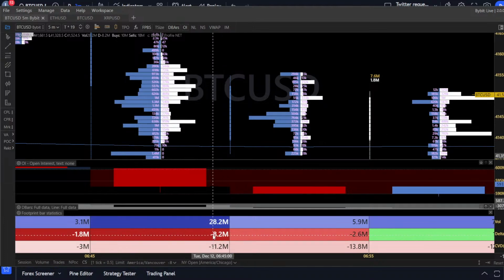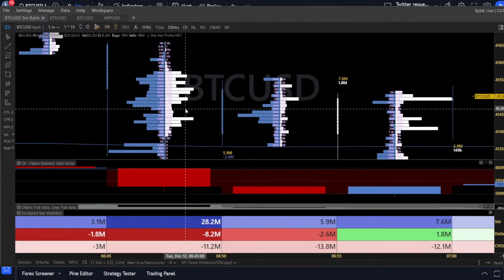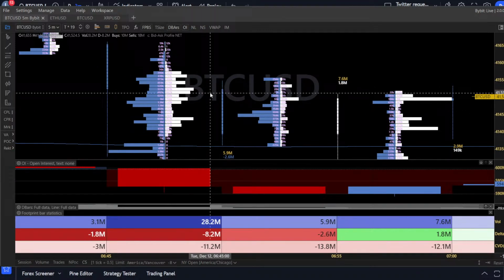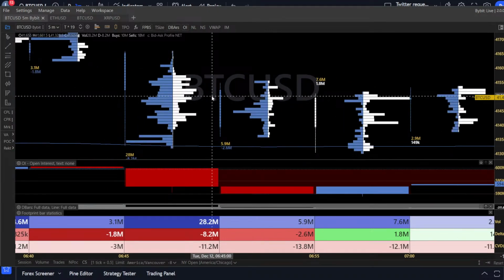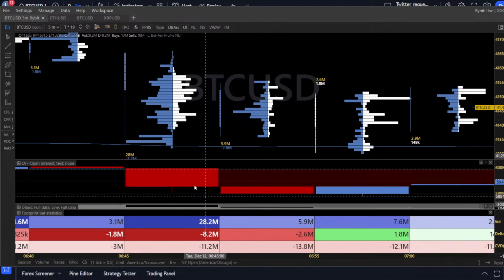The delta in the candle is the difference between the market buying and the market selling in the candle. An order can happen at market or at limit. A selling market order could either be a short opening at market or a long stop loss triggering at market. So that executes at market. This is what this is showing you. It's not showing you limit orders. Limit orders would be resting here.